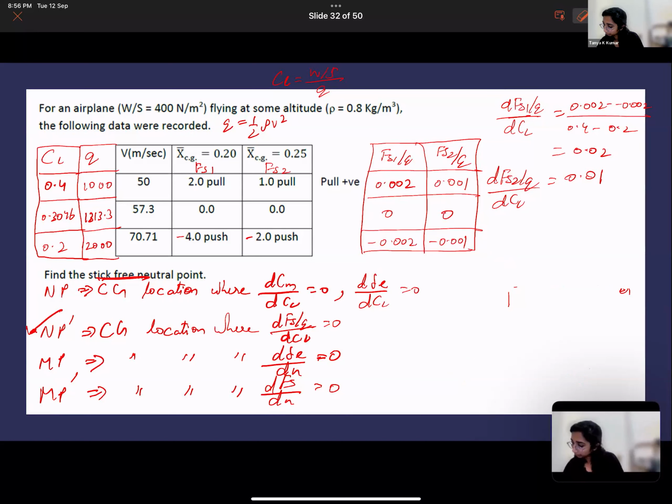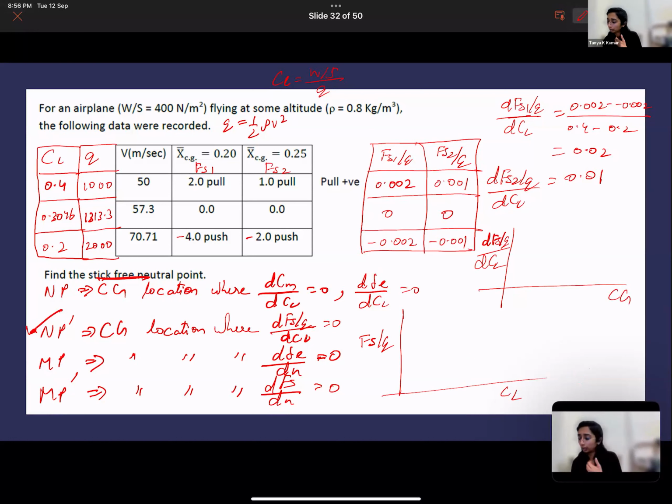The first graph that we drew was Fs by Q versus Cl. Now we need to draw another graph, that is dFs by Q by dCl, and this is Cg, right?